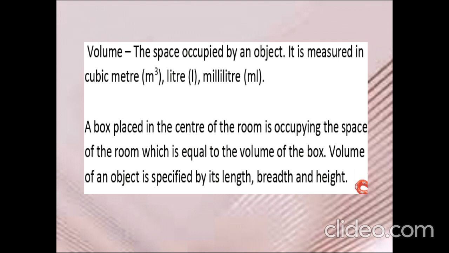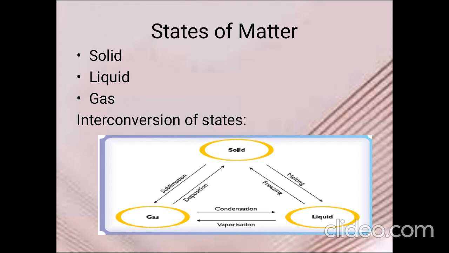Then volume. This is the amount of space occupied by the object. It might be measured in cubic meter, liter or milliliter. Right? Then the three types of matter: solid, liquid and gas.